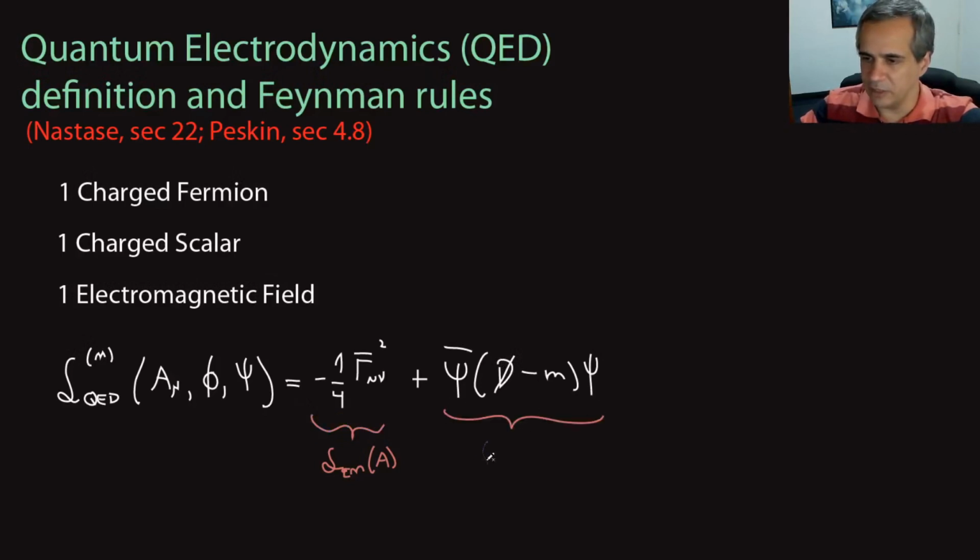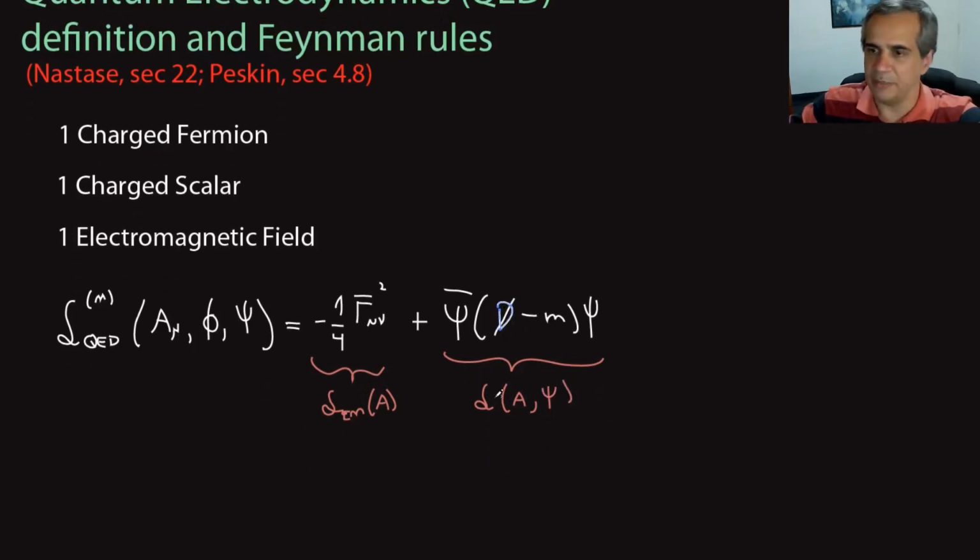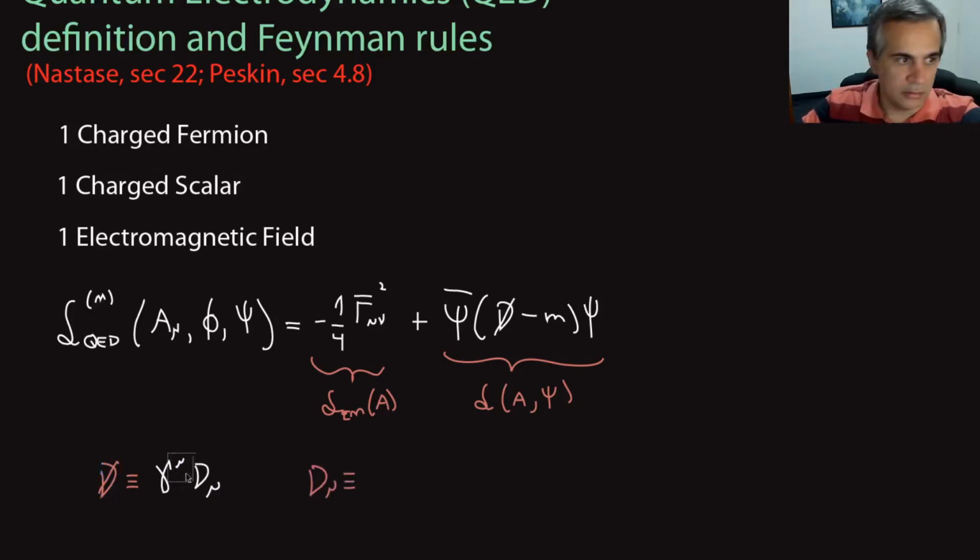And this Lagrangian now depends on the field and psi, because the covariant derivative here, right, let me define it, is del slash is just gamma^mu D_mu, and D_mu is del_mu minus i e, the charge of the electron, right?